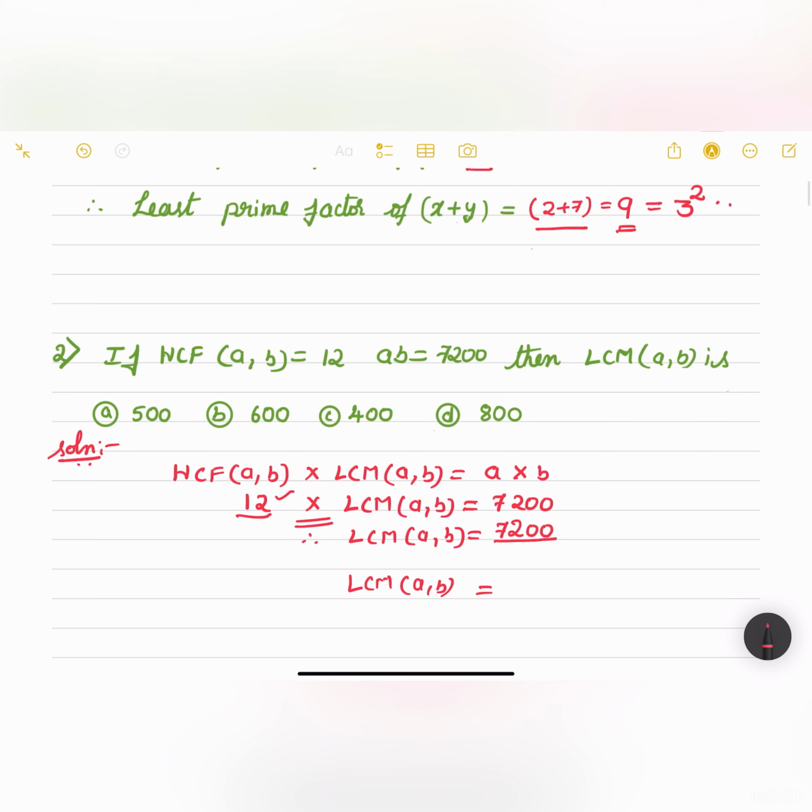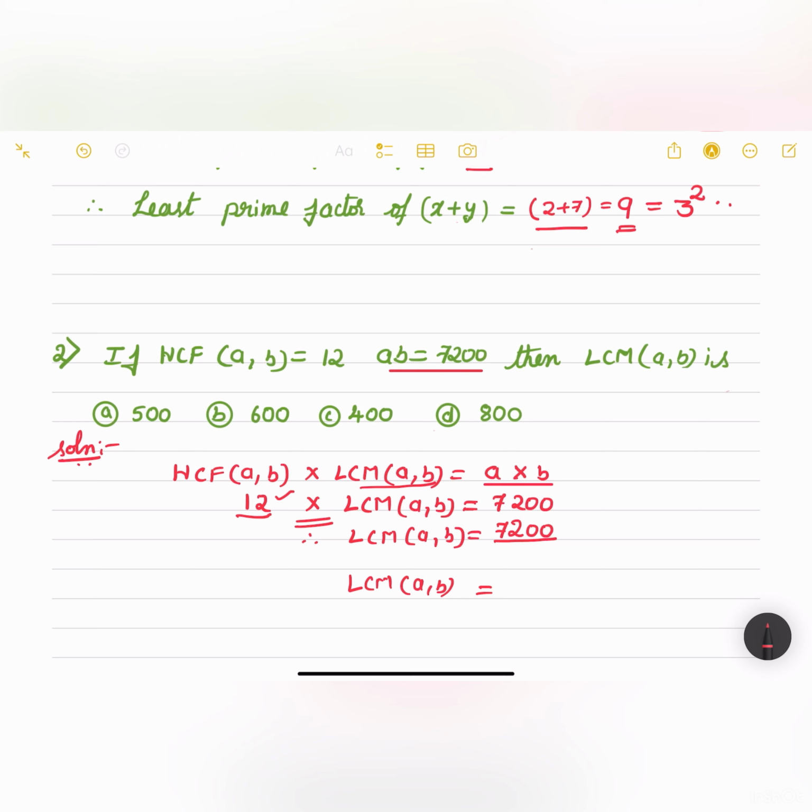If HCF of A comma B is 12 and AB, that is A into B, is 7200, LCM of A, B is how much? We know the formula: HCF of two numbers, any two numbers, into LCM of A, B is equal to A into B, the product of the numbers itself.